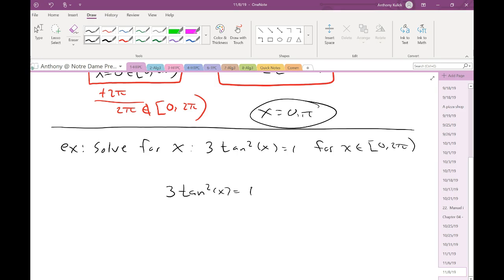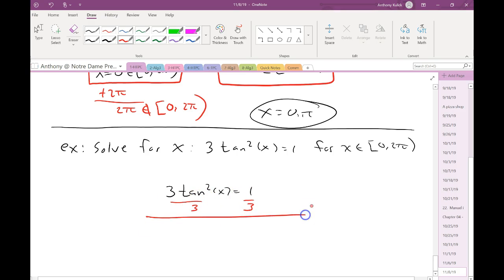I would divide by 3 first and then get rid of the squared. Yep, so those are the first 2 things we need to do. Usually it's easiest to do it in this order where you get rid of the constant first and then take care of this exponent second.